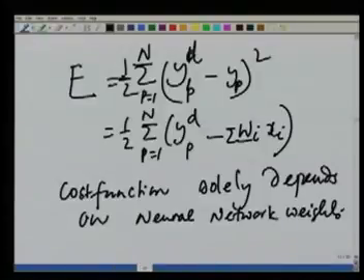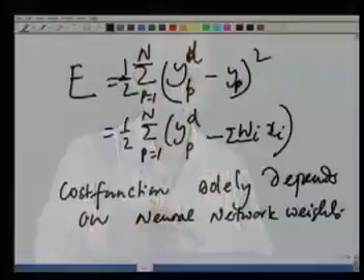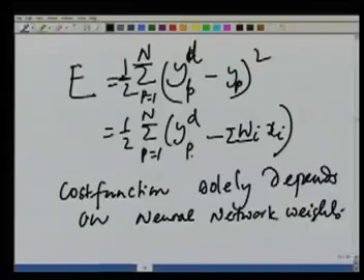I hope you understand now. My cost function solely depends on neural network weights. Why? Because given input and output, everything is known except the weights of the neural network. So, the cost function, because ypd is known, xi is known because it is given. So, what else is left unknown here? Only weights.